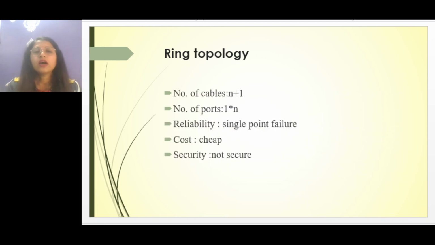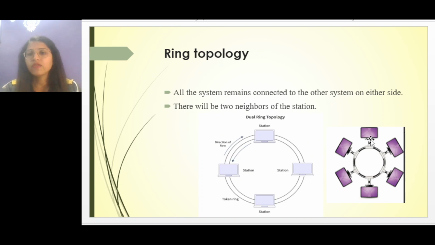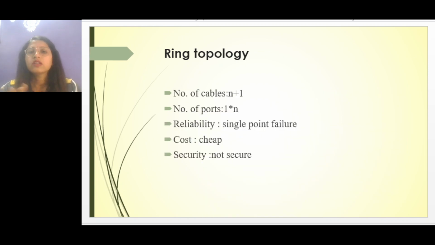The number of cables required will be the same, that is n plus 1. You can see for each device you require n cables and one for the ring. So the number of cables will be n plus 1. The number of ports will be the same, 1 into n.